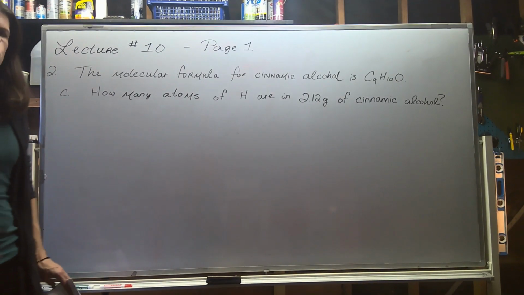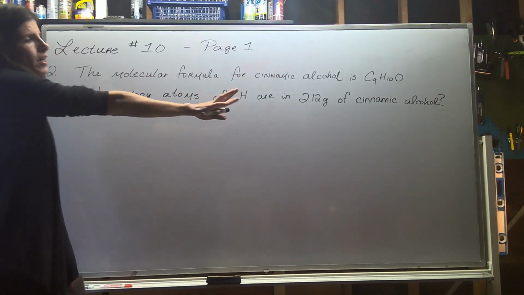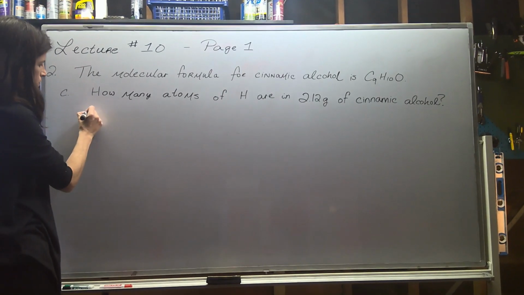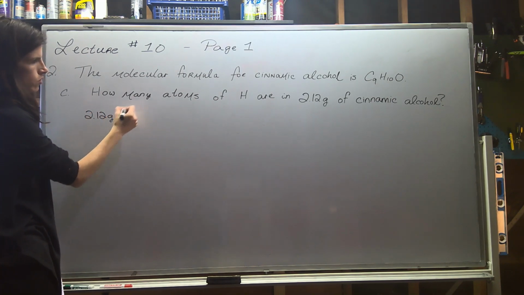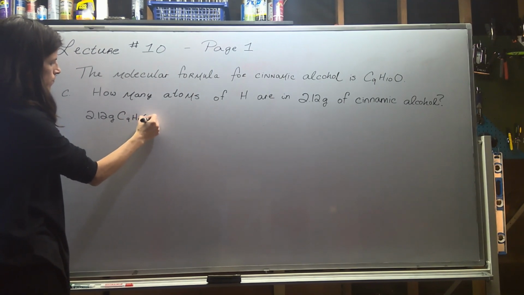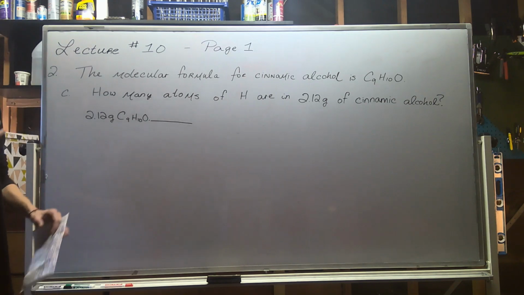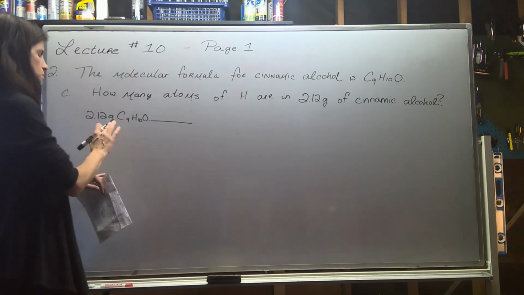So in part C, we're asked to consider individual hydrogen atoms. Again, always start with the number they gave you and look to use conversion factors. So you have 2.12 grams of C9H10O. Whenever you're stuck, always consider going to moles because moles is the bridge to wherever we want to go.